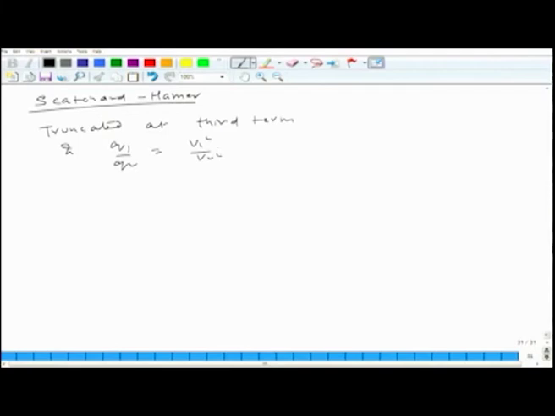As I said, this is one model. This is nothing but the Scatchard-Hamer equation, and if you use this expression, then the following expression of activity coefficient comes out. Again, I am writing this without deriving it.